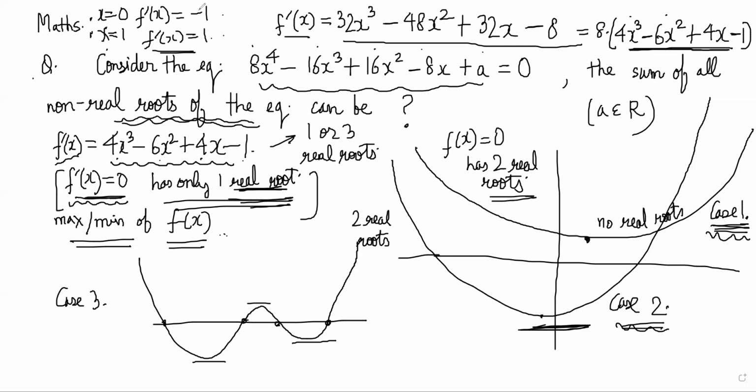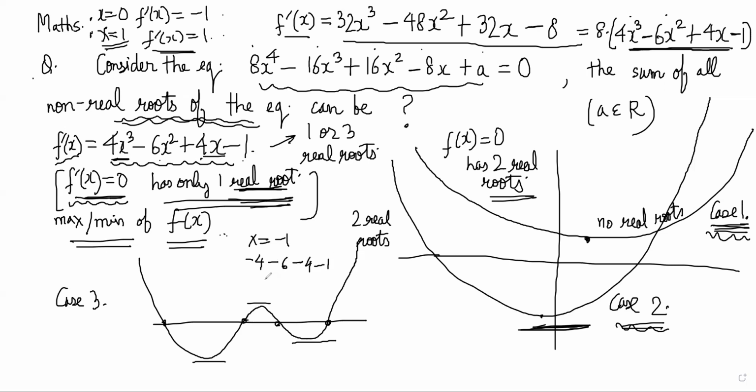We can also check the values at 2, obviously it becomes positive. As you increase the value of x now, it will remain positive because x cube will be bigger than x square. That's right. If you take the negative values, for example, x is equal to -1, we will get -4, -6, -4, minus the 1s.